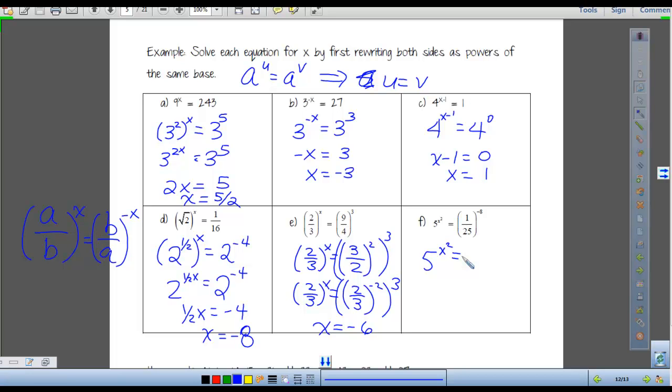We can write 1 over 25 as what? 5 to the negative 2. Okay, and we got the negative 8 on the outside. So we get x squared equals 16, x equals plus or minus 4. And that would be our solution. Okay, questions about that? Okay, very good.